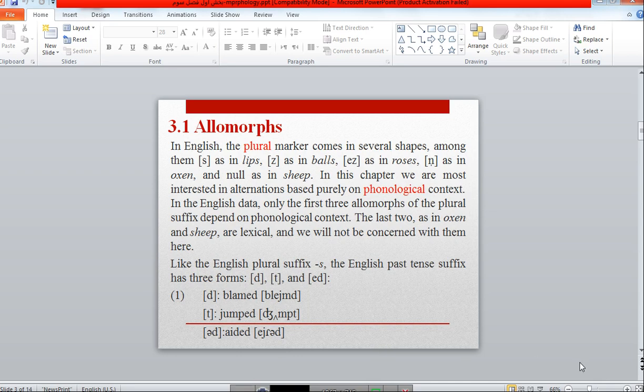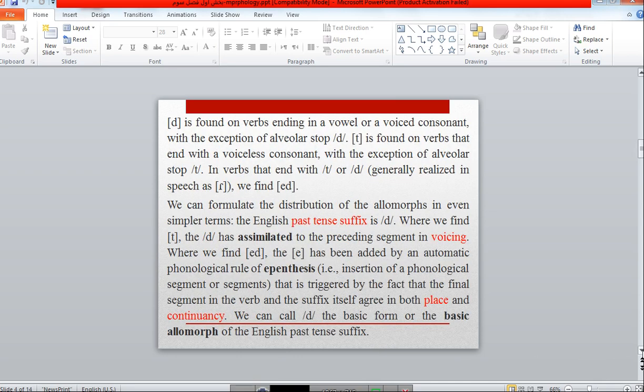We call it epenthesis because we add a vowel here. That is triggered by the fact that the final segment in the verb and the suffix itself agree in both place and continuancy. We can call this the basic form or the basic allomorph of the English past tense suffix.